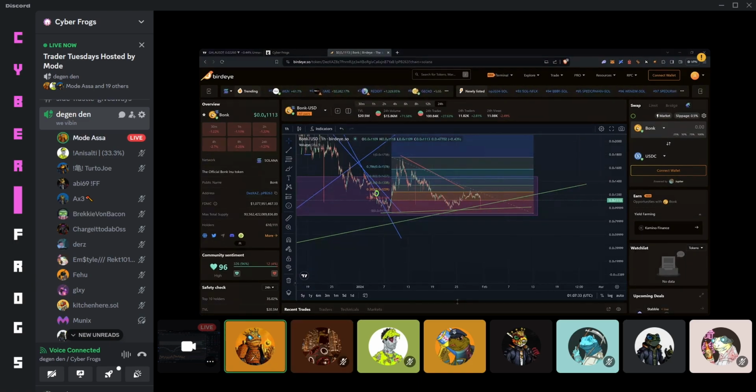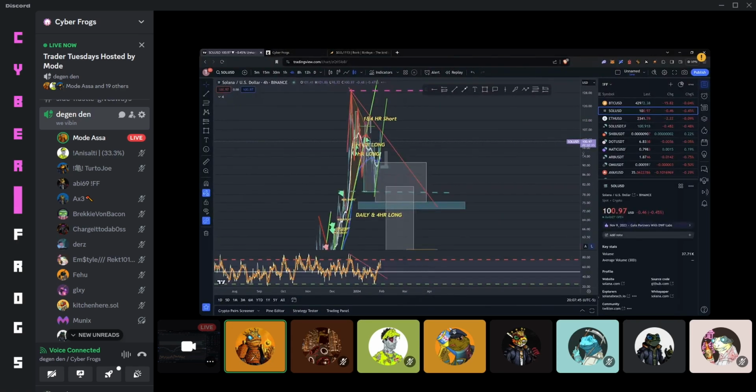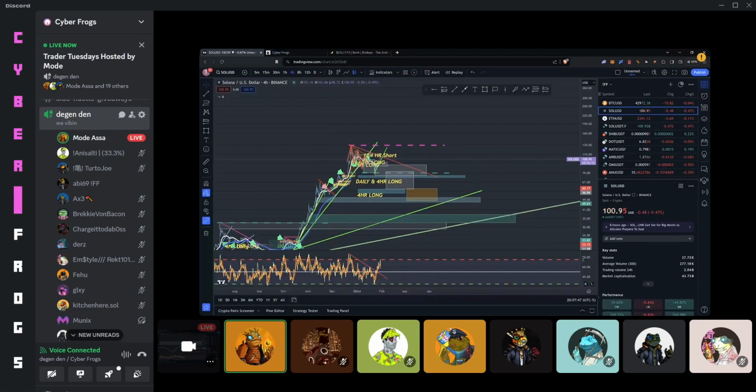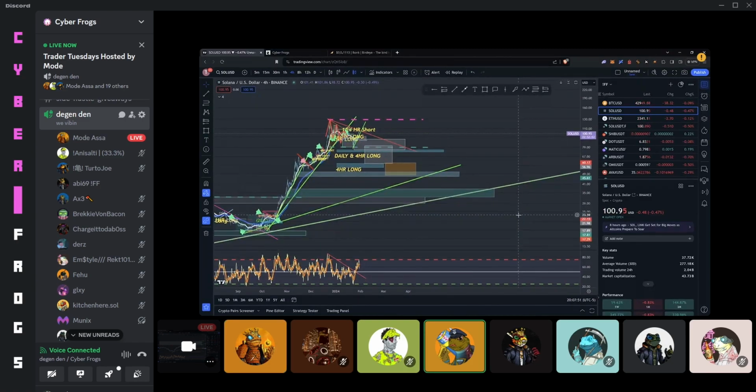I do. And I've been saying for a little bit, I think we need another big flush before the big run. I really do think that there's going to be a big flush before the next big run. Yeah, you normally see it in every cycle that we've seen.